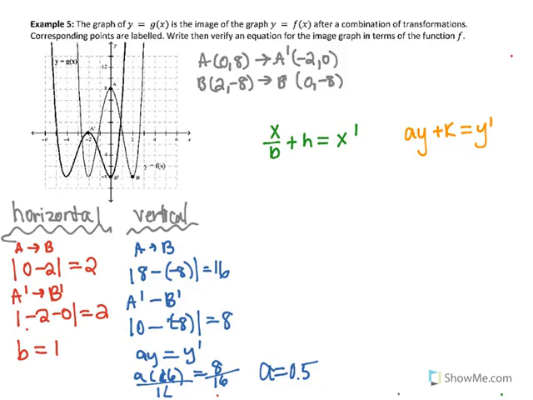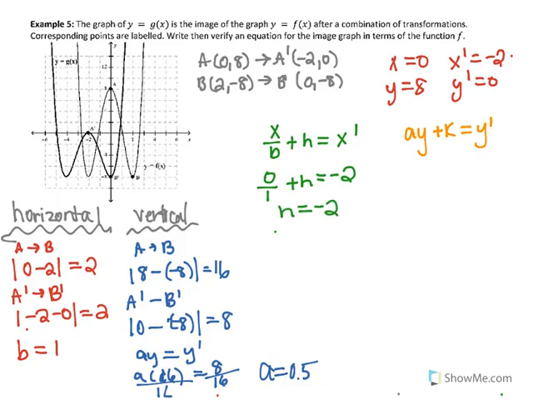We're going to use the points A to A prime. So x is equal to 0, y is equal to 8, x prime is equal to negative 2, y prime is equal to 0. So we'll do x over b first, so 0 over 1 plus h equals negative 2. So we have 0 plus h, so h equals negative 2.